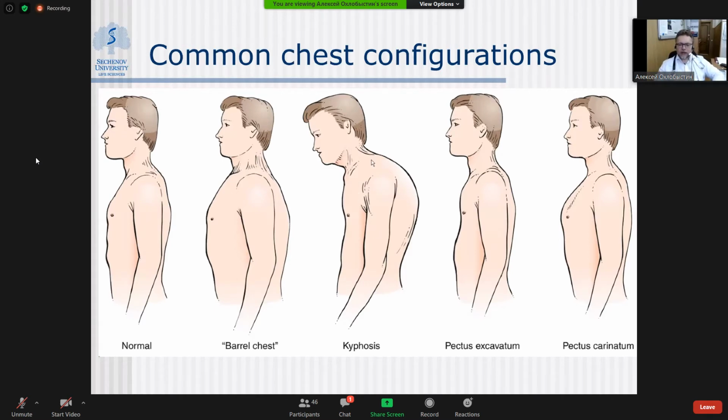All other types like kypho-scoliotic chest, excavated chest, the pigeon-shaped chest, pectus carinatum, will be the causes for pulmonary disorders, will result in development of restrictive disorders. If patient chest is deformed, it means that patient will be unable to properly ventilate patient's lungs. And therefore, any deformity means insufficient ventilation of alveoli. So patient will either have or will be predisposed for having restrictive disorders. Good.